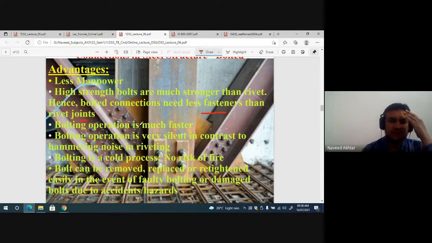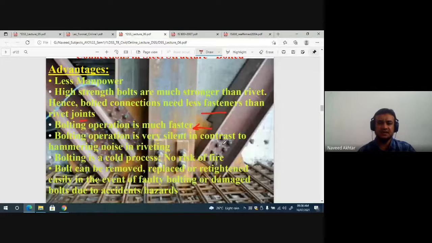That's why the number of bolts required will be less than the riveted connection. Bolting operation is much faster because unskilled labor can also do it. Bolting operation is very silent because there is no requirement of hammering.